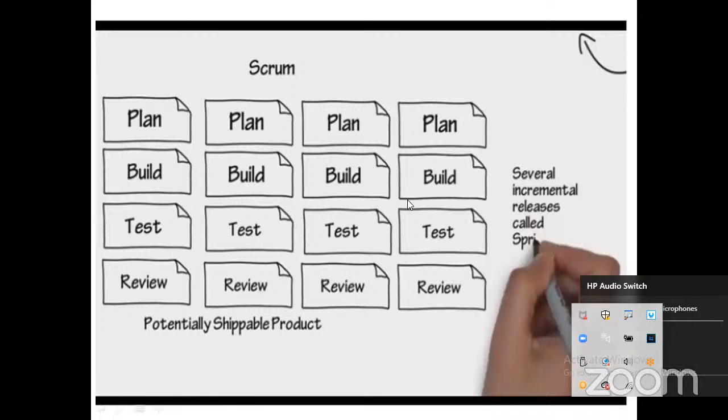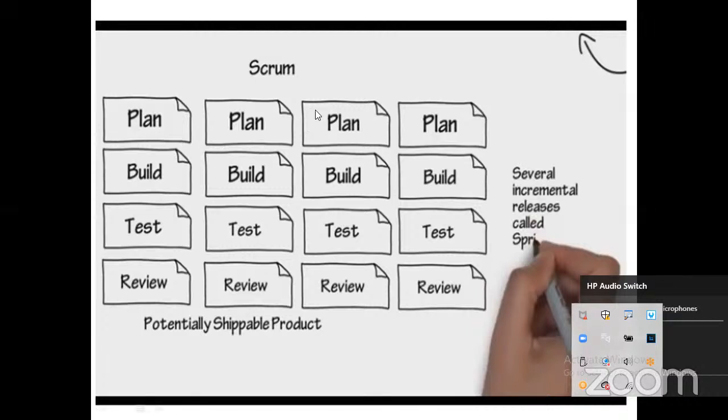Scrum is nothing but a group of members, designer, developer, tester. All members will stay in what? The same room. Is it clear? All these members will stay in the same place. Yes or no?